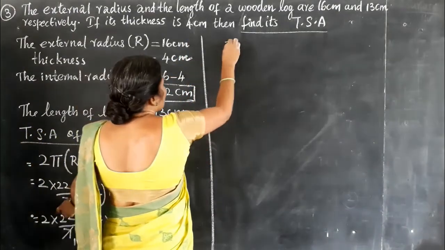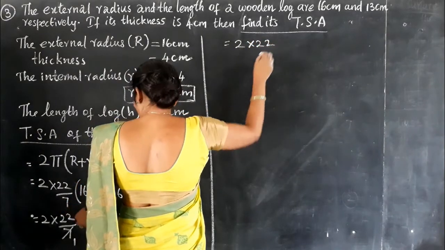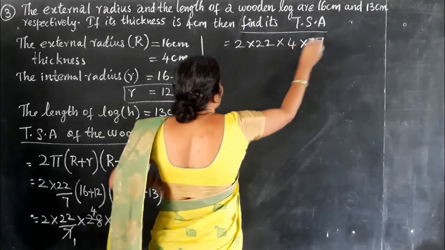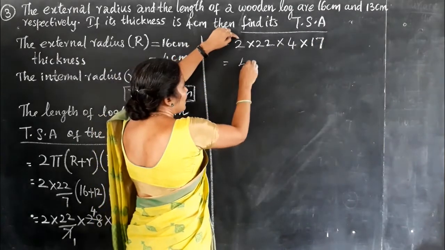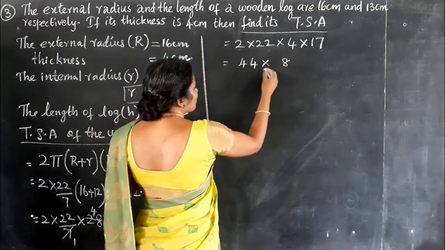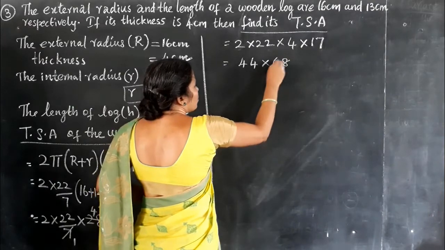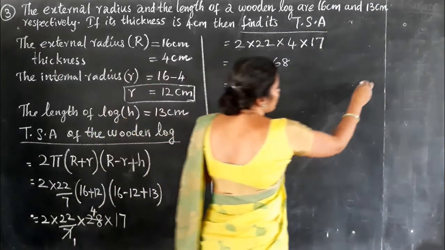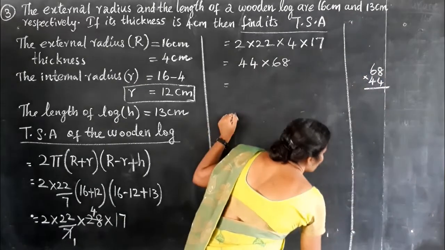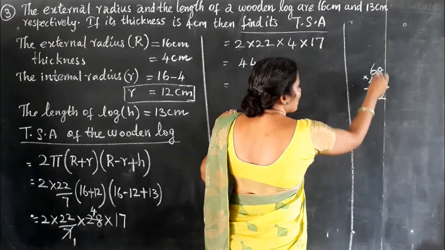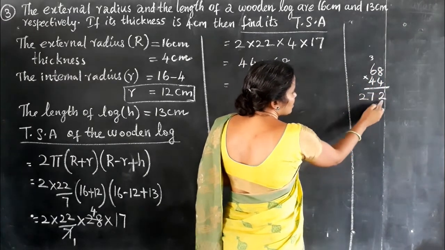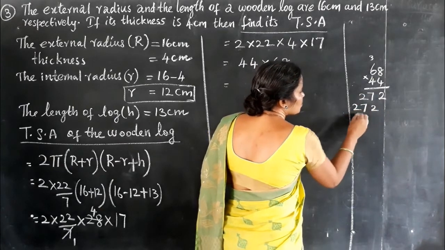Okay, now you can cancel: 7 ones are 7, 7 fours are 28. The next step, 2 into 22 into 4 into 17. So 2 into 22 is 44, into 4 into 17 is 68. 44 into 68: 8 fours are 32, remaining 3, 6 fours are 24, 24 plus 3, 27, so 2, 7, 2.